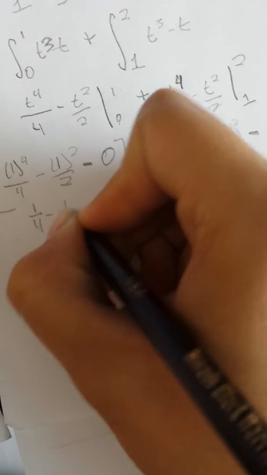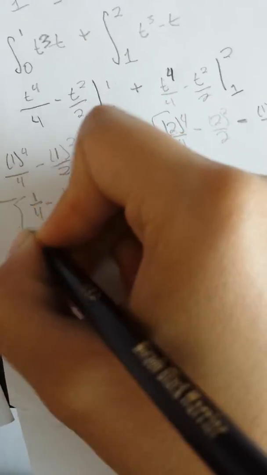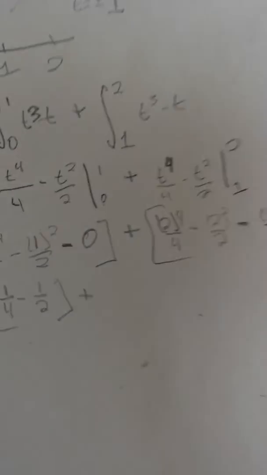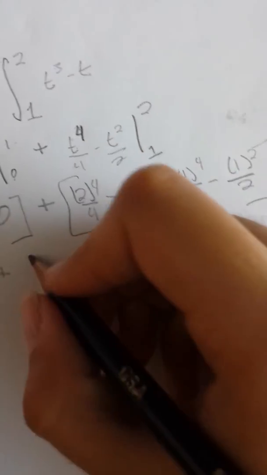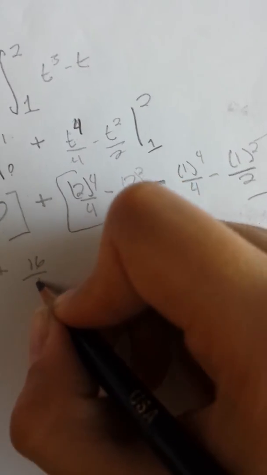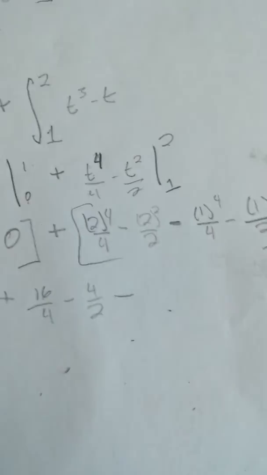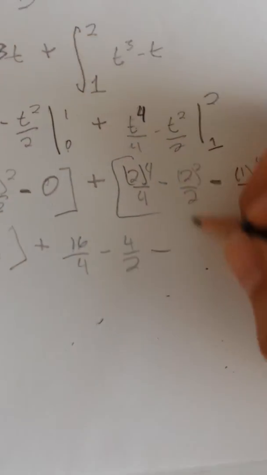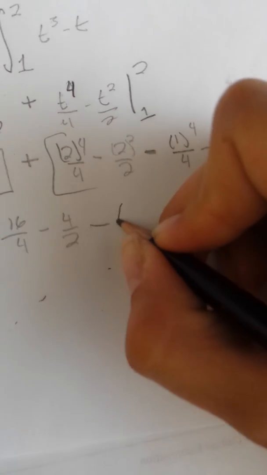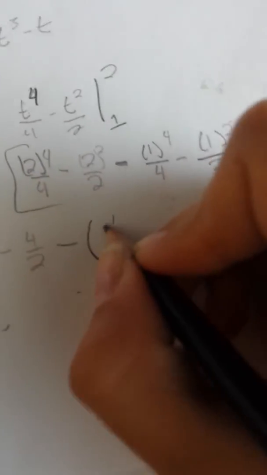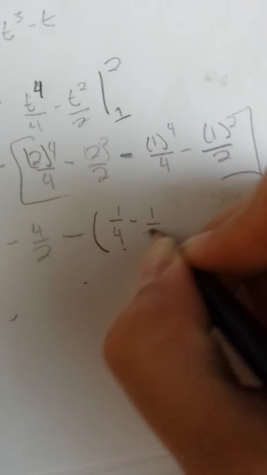Alright, so you have 1/4 minus 1/2, plus 2 to the 4th, which is 16, over 4 minus 4 over 2, minus the second part, so this needs to be in parentheses because it's going to be 1/4 minus 1/2.